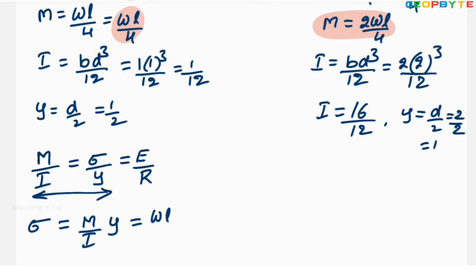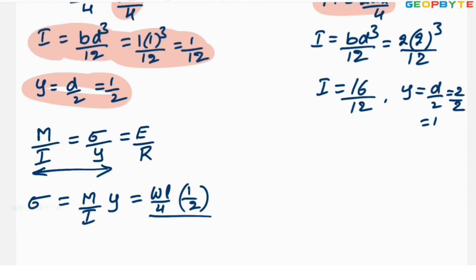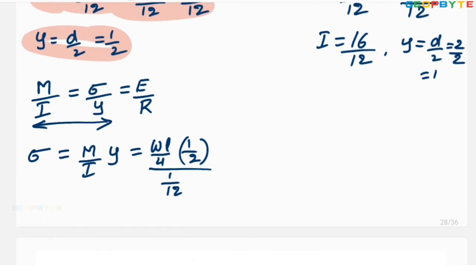Y equal to 1 by 2, divided by I. I equal to 1 by 12. So finally, this is the sigma 1. Sigma 1 equal to 12 WL by 8. That is the sigma 1.